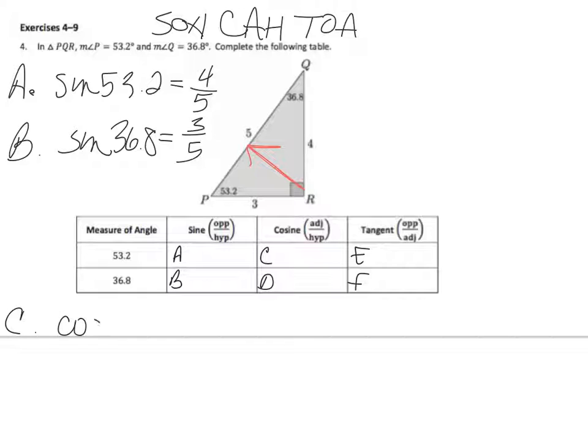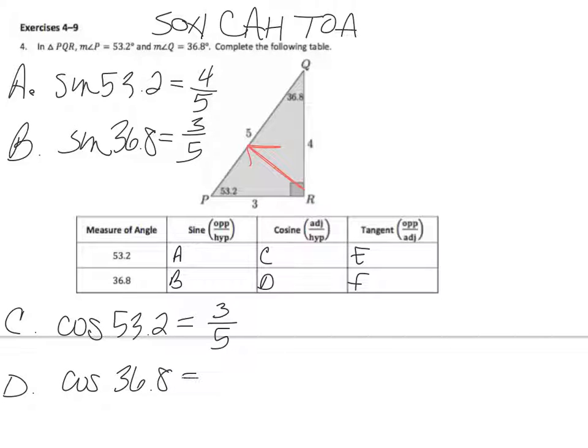C, cosine of 53.2 equals adjacent over hypotenuse. Cosine of 36.8 equals adjacent over hypotenuse. So adjacent to the 36.8 is a 4. And then part E, tangent 53.2 is opposite over adjacent.